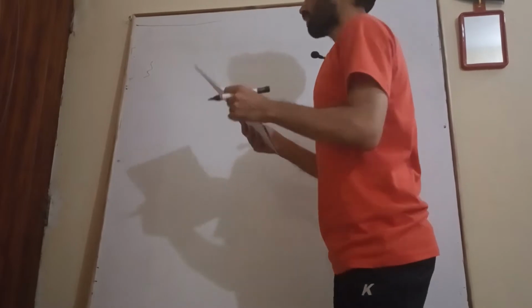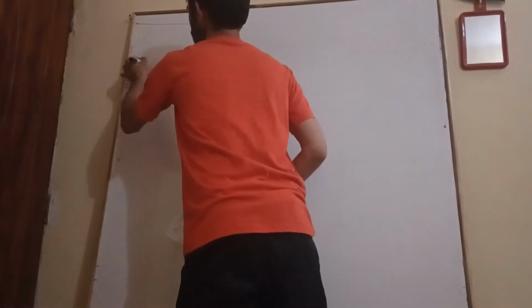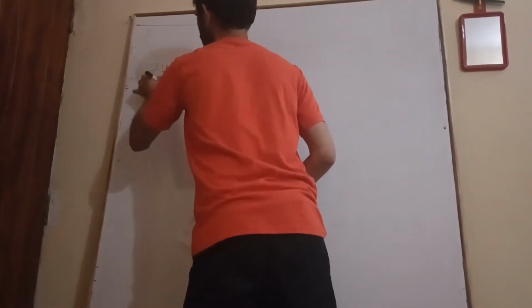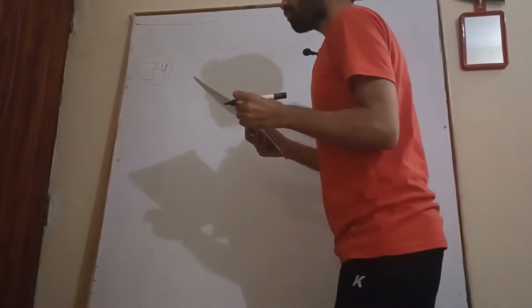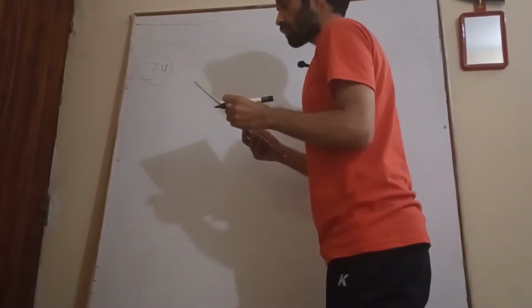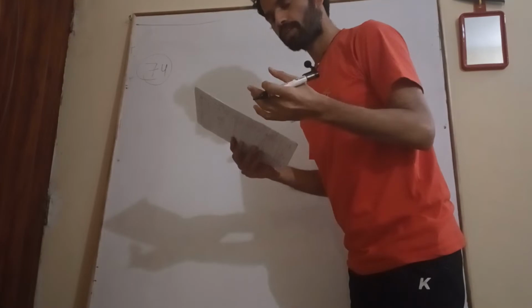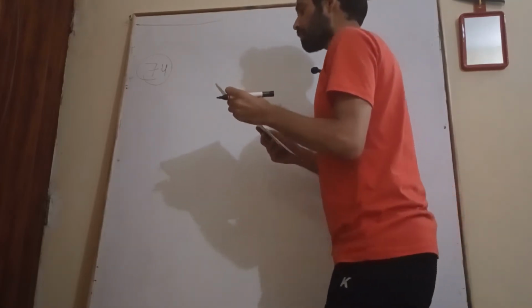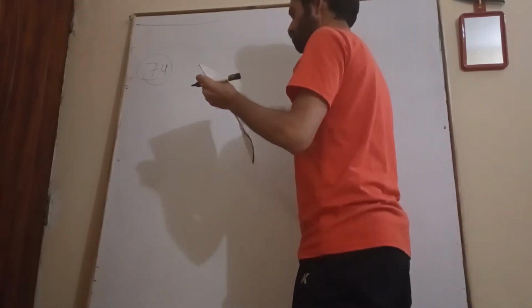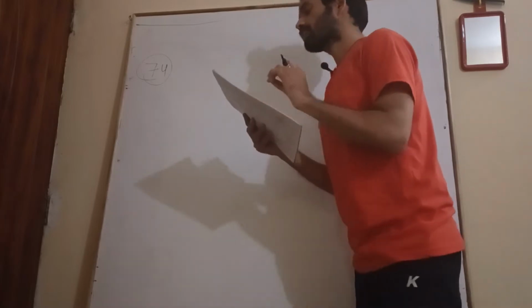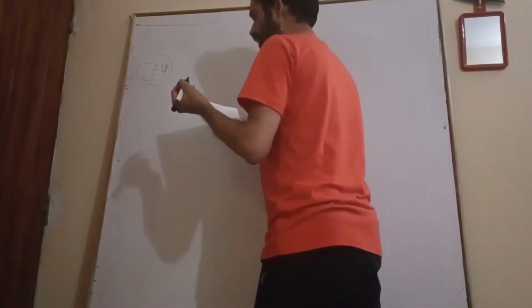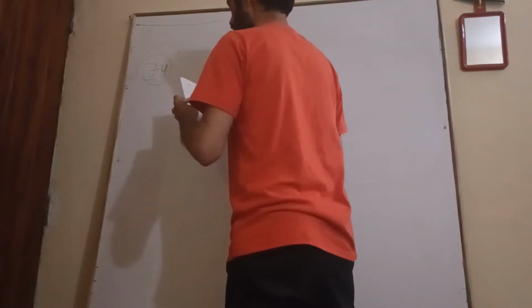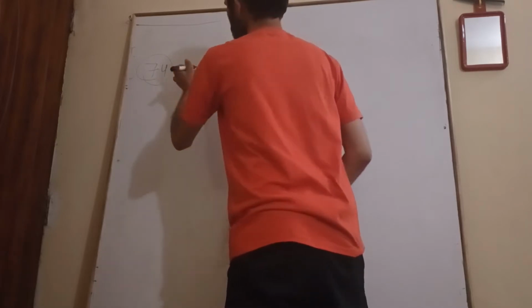So today we are going to see question number 74. This is about: if over the course of a day, the maximum electron density in the ionosphere varies from 10 to the power 11 to 10 to the power 12 per meter cube.